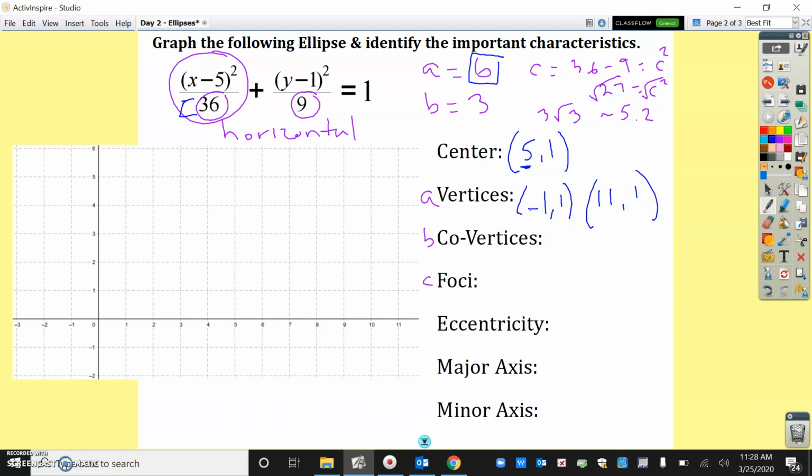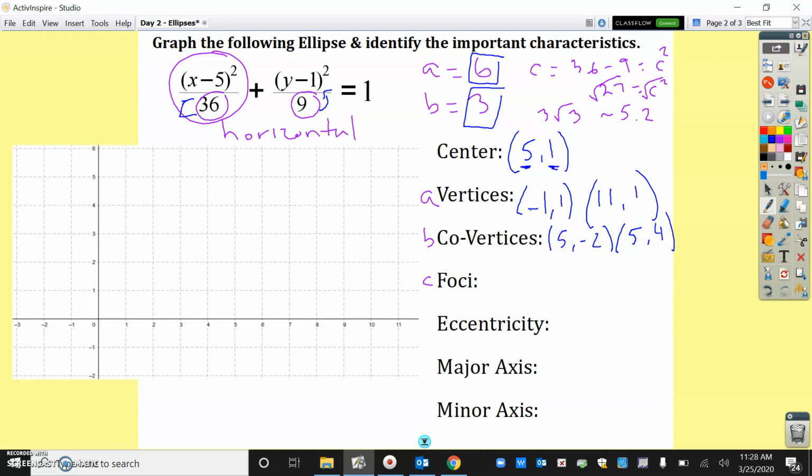Since the B squared is underneath the Y, the co-vertices affect the Y value of the center. So we take 3 and add and subtract it to 1. You get 5, negative 2, and 5, 4.